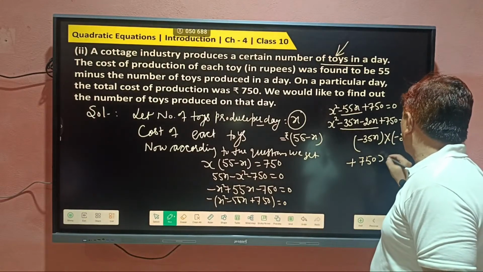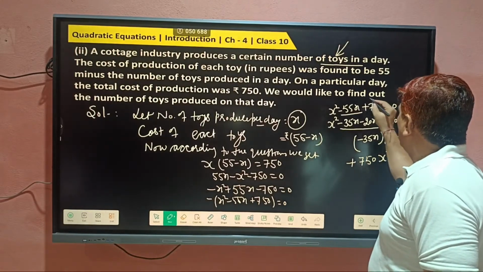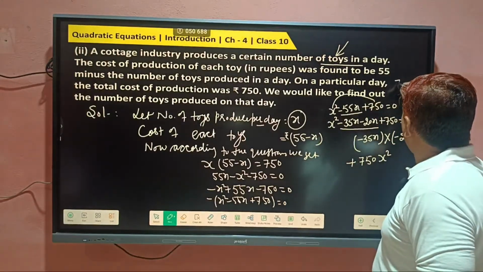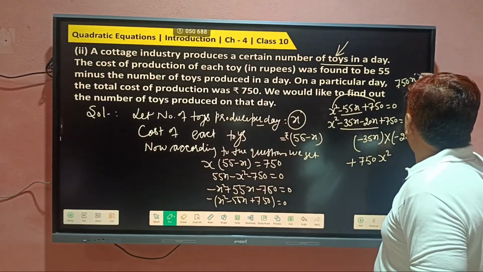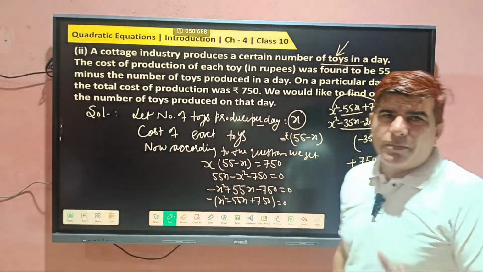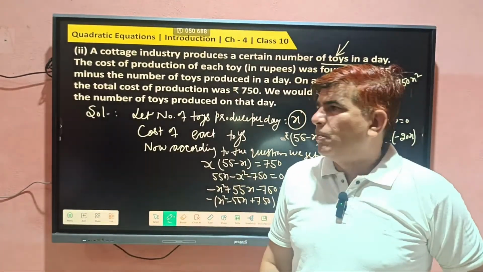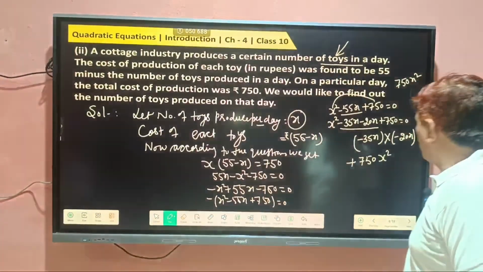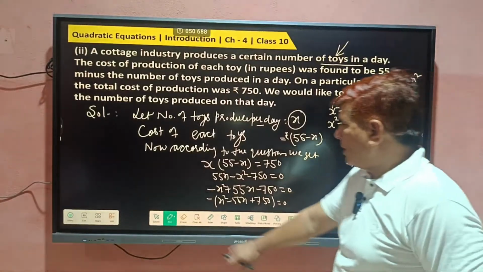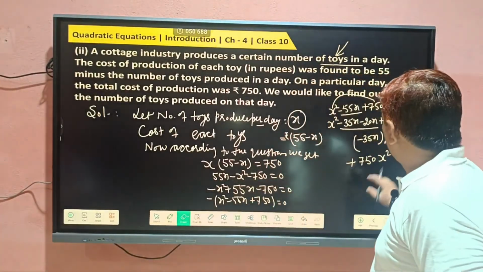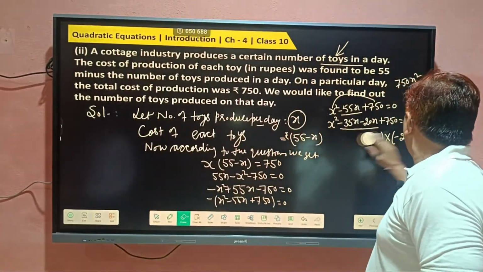X multiplied with x gives x square. So their multiplication is also 750x square. So this is your step number 2. If both steps are right, then no problem.